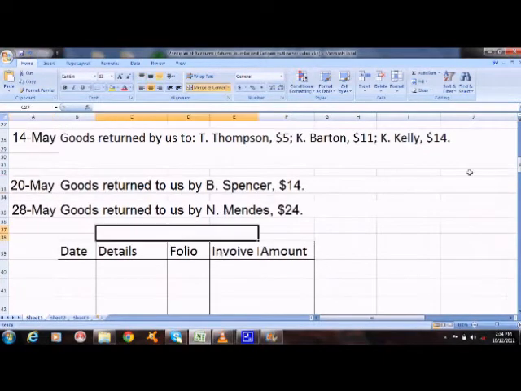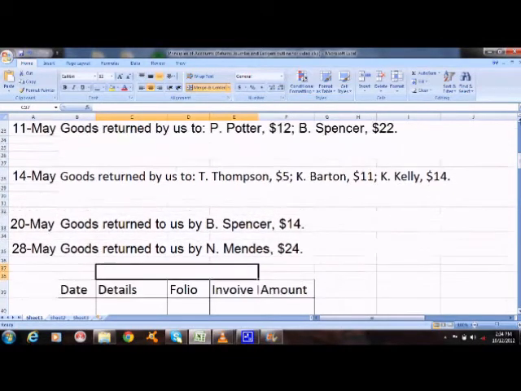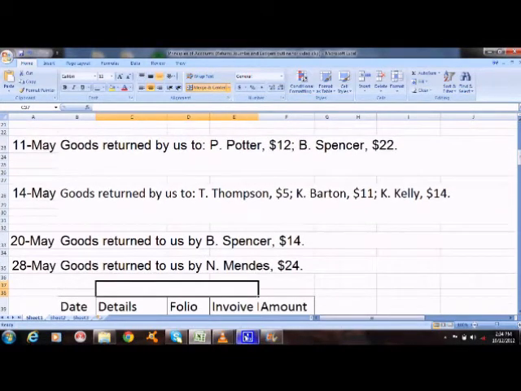So first things first. The first transaction says goods returned by us to P. Potter and B. Spencer. The question is, what kind of transaction is this? Is it returns inwards or returns outwards? It's goods returned by us. That means we are the businessman and we are returning goods to our supplier, who is P. Potter and B. Spencer.